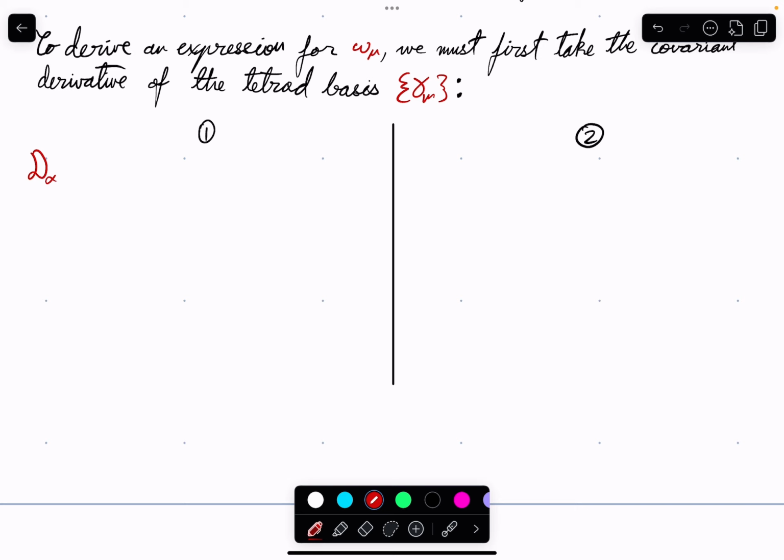So we're taking the derivative in the alpha direction of not gamma mu, sorry, gamma m. And this is just going to be the space-time derivative in the alpha direction of gamma m plus the connection omega alpha gamma m.